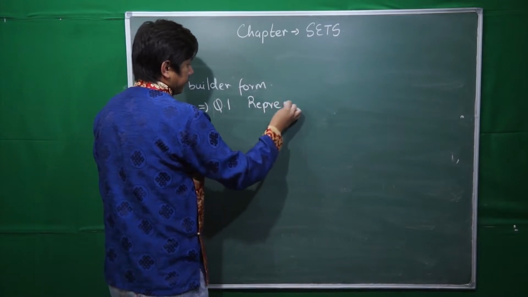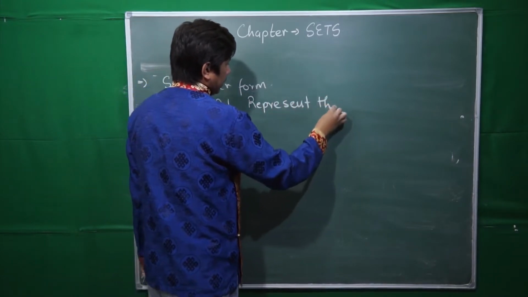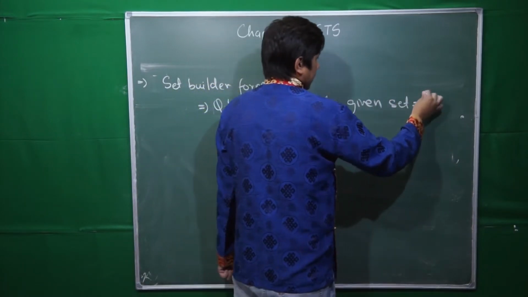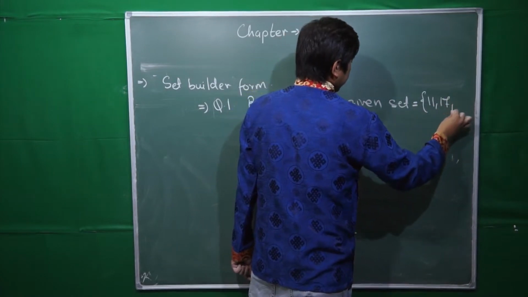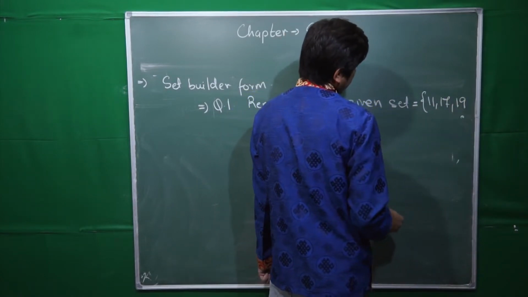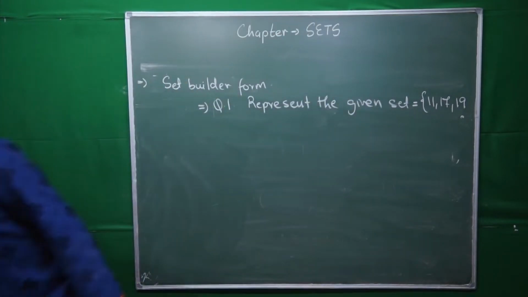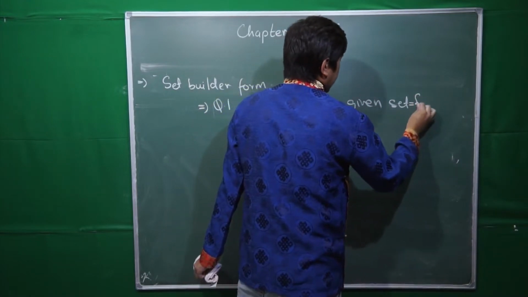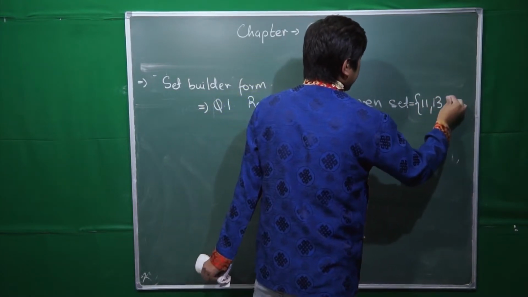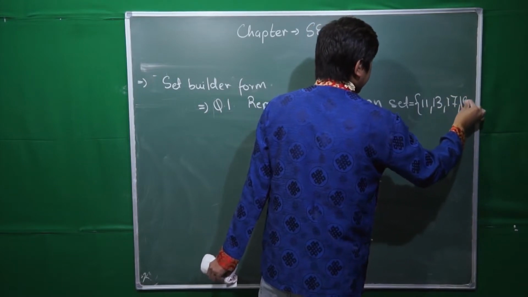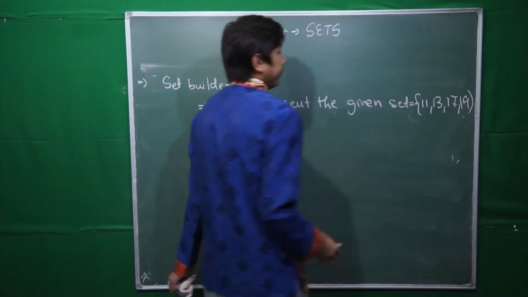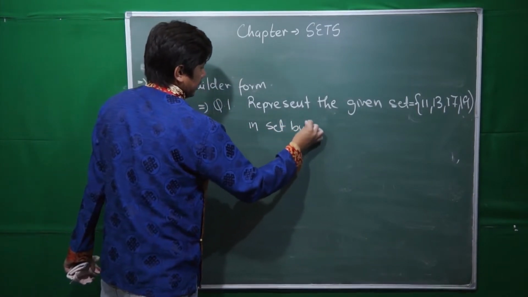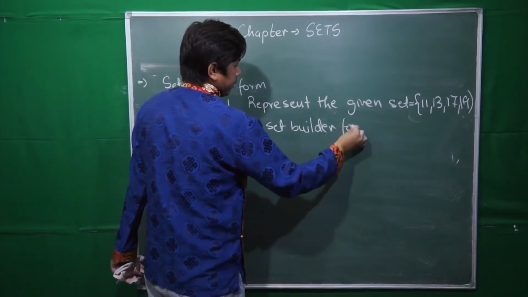Represent the given set (11, 13, 17, and 19) in set builder form.